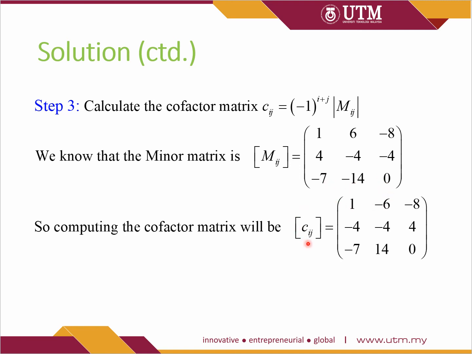So our cofactor is obtained by multiplying the sign with the minor matrix. So our cofactor matrix will be like this: 1, and you can see here is -6. This one is -4, and this will be 4, and this sign is negative, so here will be 14.